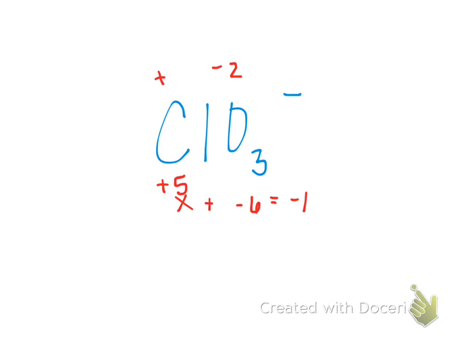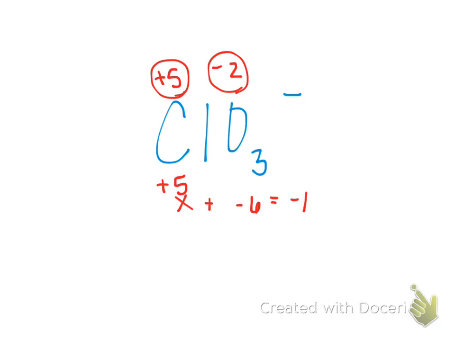Just 1. So that means chlorine's oxidation number is plus 5. Oxygen's oxidation number is -2. How are we feeling?